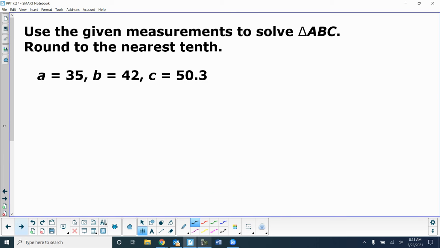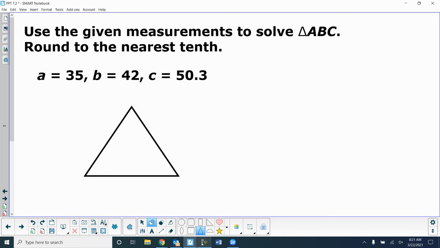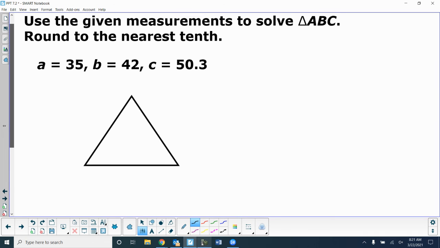So this is side, side, side. Go ahead and set it up for me.